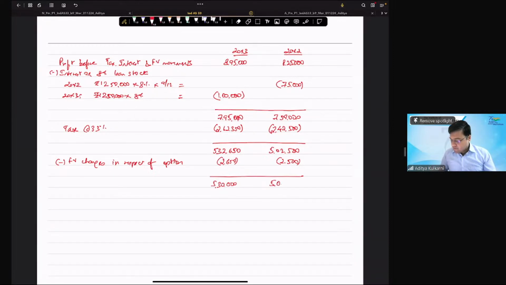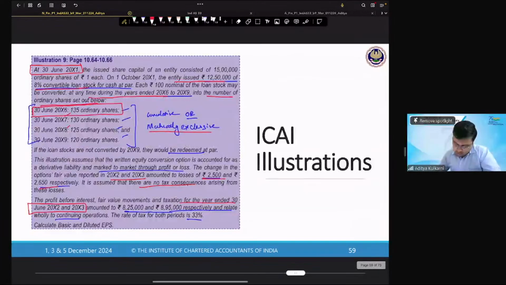5,30,000 and 5 lakhs. This is net profit attributable to equity shareholders divided by number of shares outstanding. How much is it? 15 lakhs.